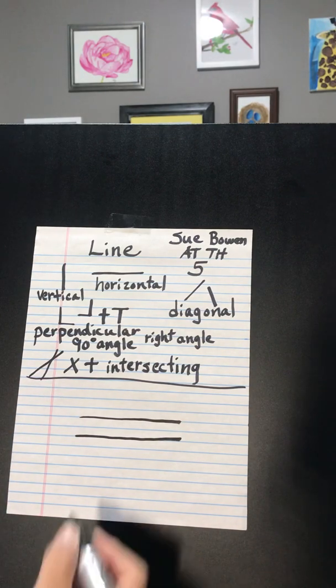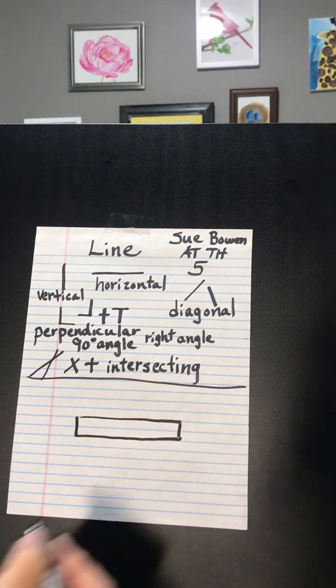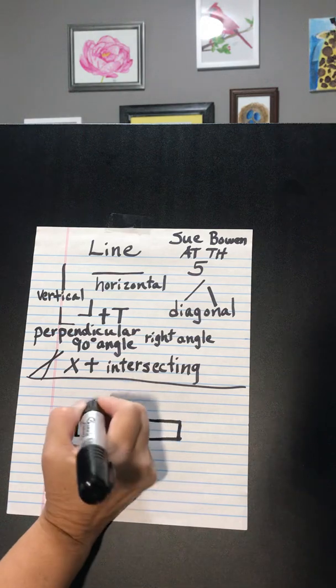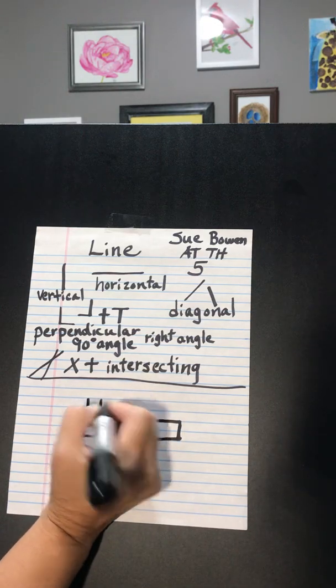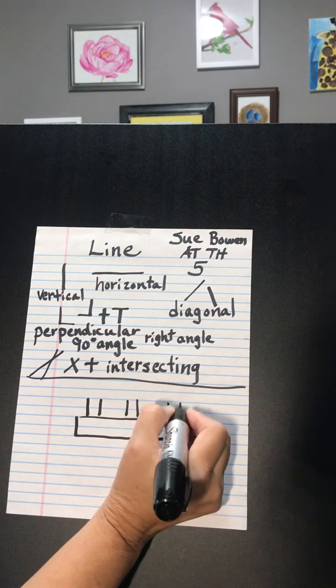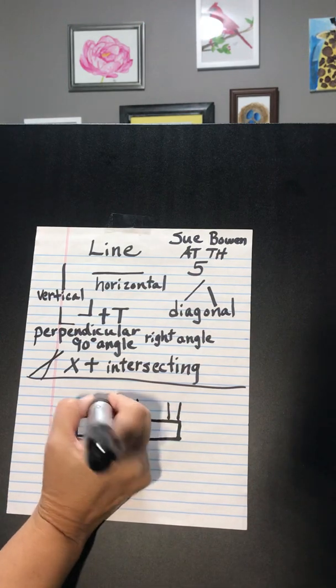So 2 horizontals. And let's draw a vertical on each end. Okay, with me so far? We've just got a big long rectangle. And then let's do 3 sets of vertical like that. And let's cap them off with horizontal lines.